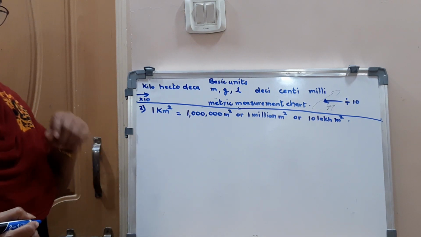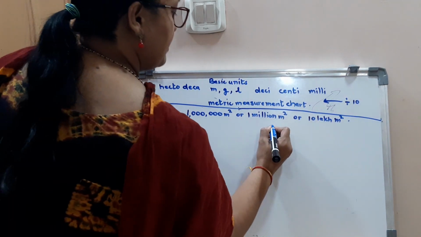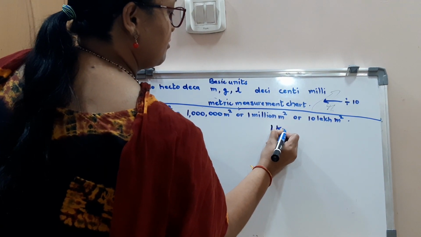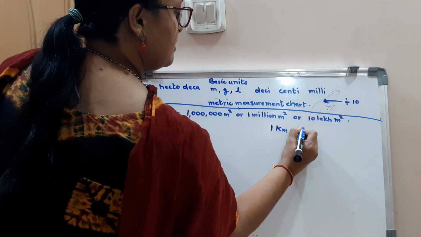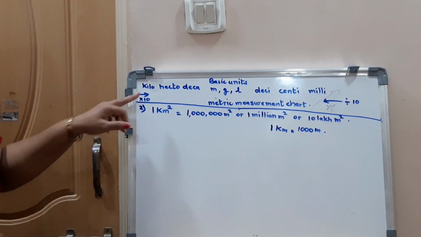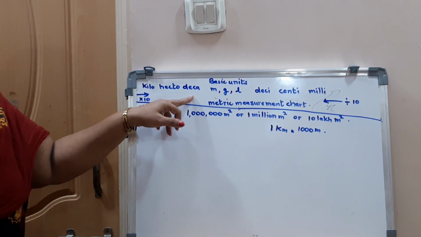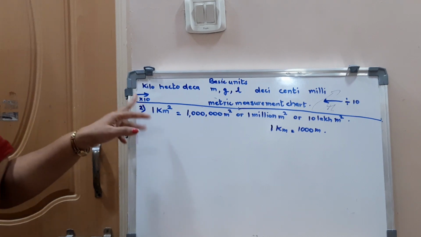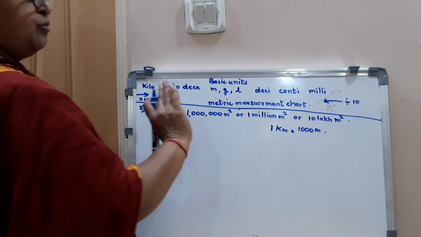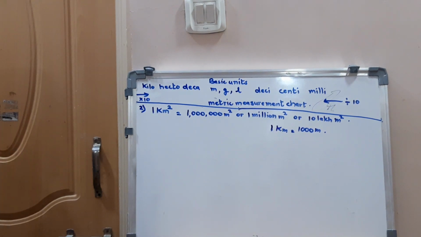So 1 kilometer is equal to 1000 meters, because we are moving towards the right of the metric measurement chart, so it will be multiplied.